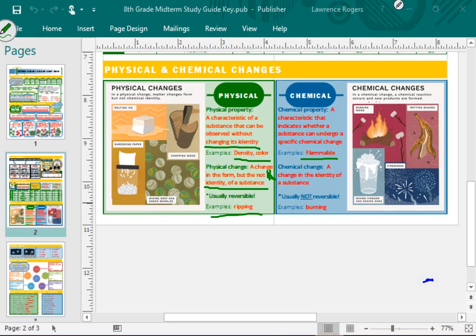All those other things would be examples of chemical properties. Now, a chemical change is where we change into something new. So hydrogen gas and oxygen gas are going to make steam, water gas.